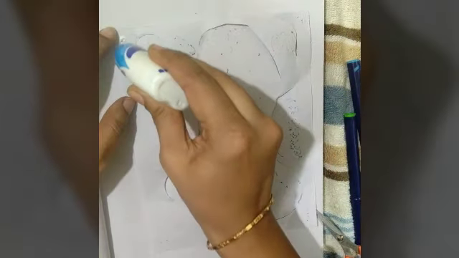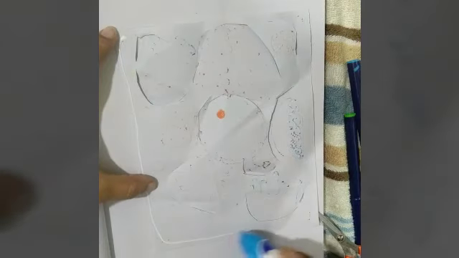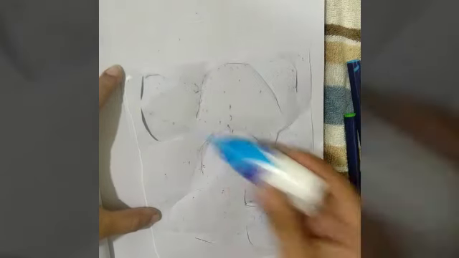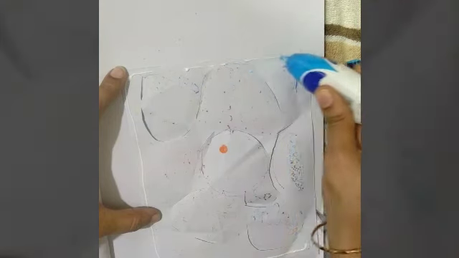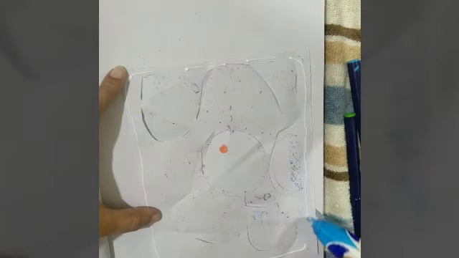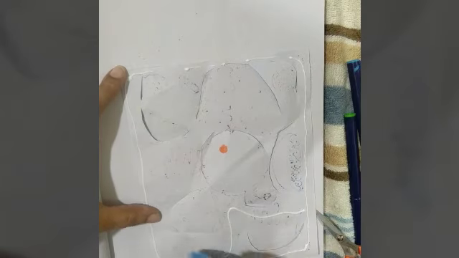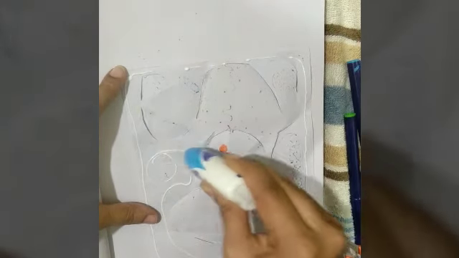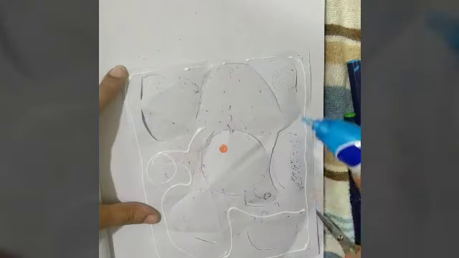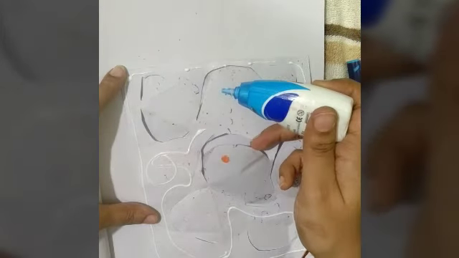The first and very important thing is that you are applying glue all over the border, like this. Once the border is done, make sure that you are pasting in between the cuts, because that part should not be torn.